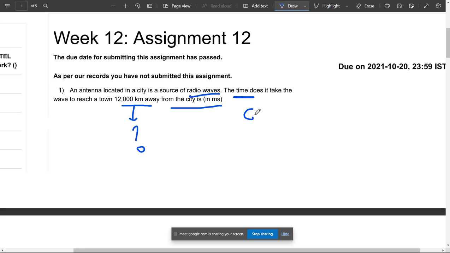So their speed will be c, which is 3 into 10 to the power 8 meter per second. So the speed of light will be 3 into 10 to the power 8 meter per second.